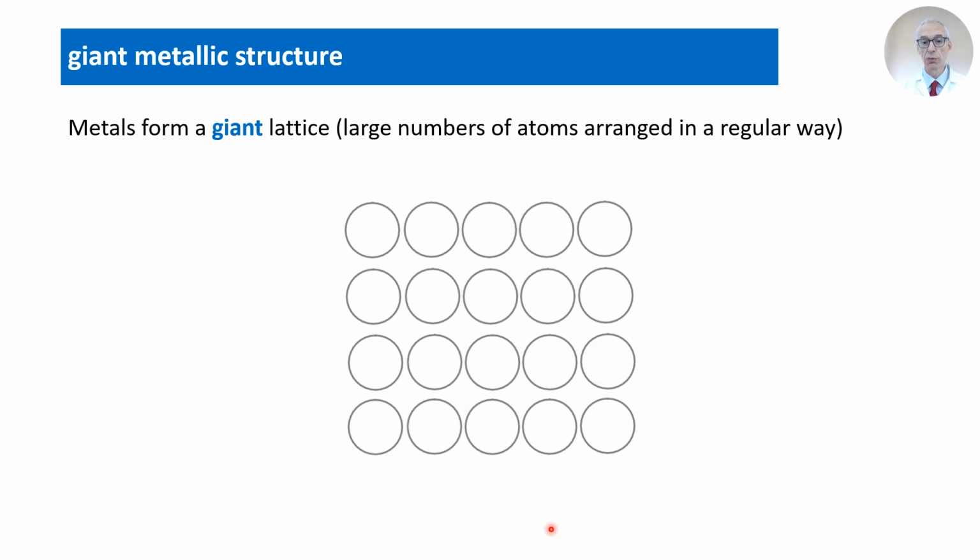However, this is just a small portion of the giant lattice. It extends to the right, to the left, above and below, and in front and behind. So this is a two-dimensional picture of a small portion of a giant three-dimensional lattice.